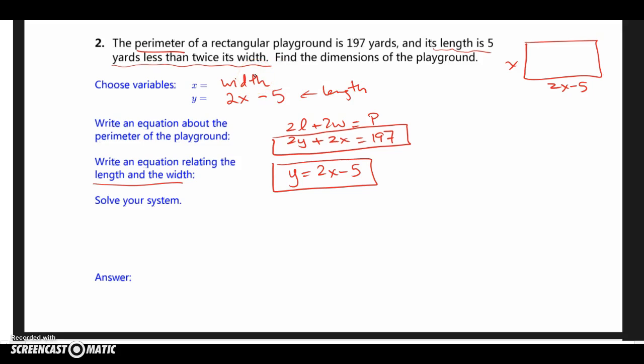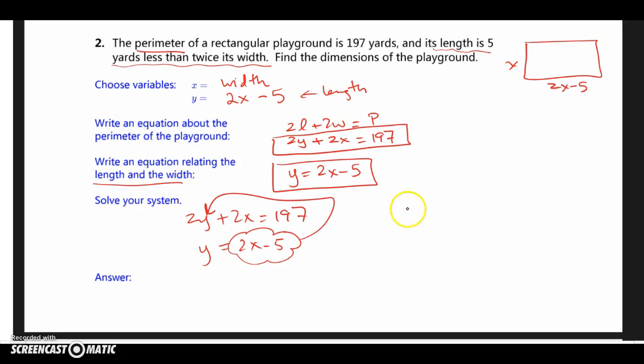Now solve your system. While solving the system, I would naturally do the substitution method because the y is already isolated, so might as well plug it in. And notice what happens when I plug it in. I got that first equation I had written that involved both pieces already.